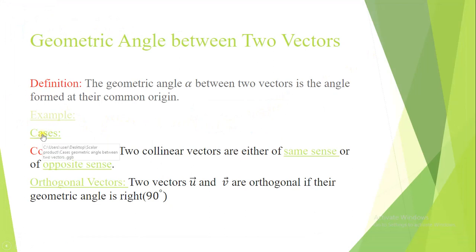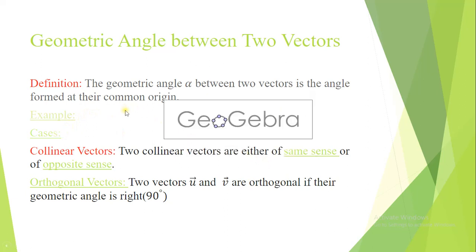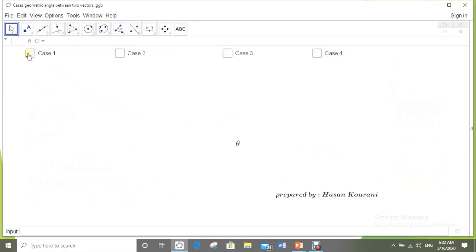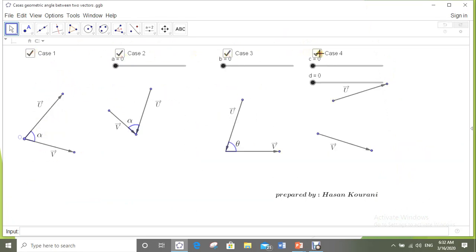As you know, we usually don't have the vectors drawn at the same origin. Sometimes we may have in exercises vectors with different positions. In fact, we are going to study these four main cases for relative positions of vectors.